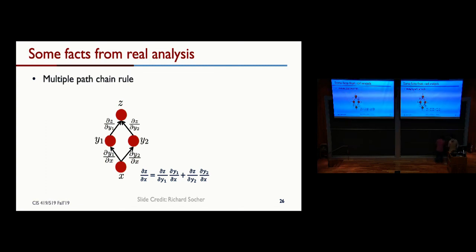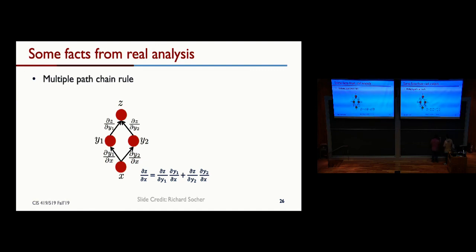But now imagine y1 was actually equal to, say, x, but let's not use x because the gradient becomes 1. Let's use x squared and x cubed.